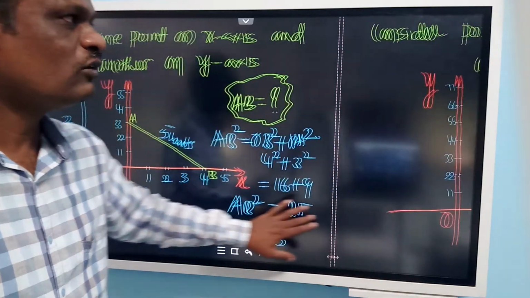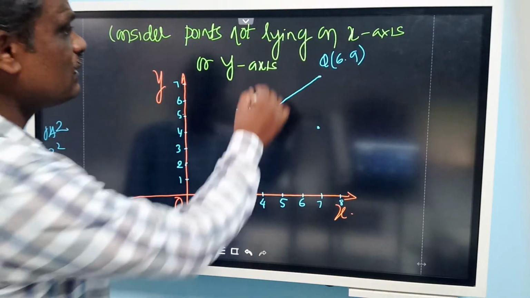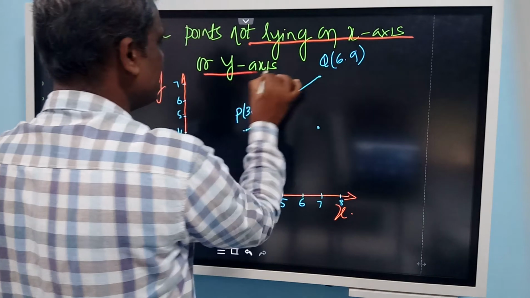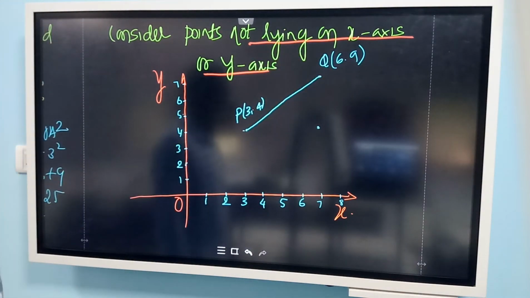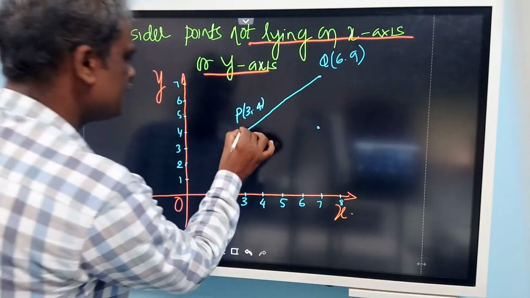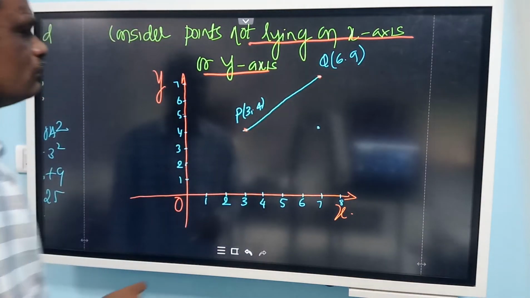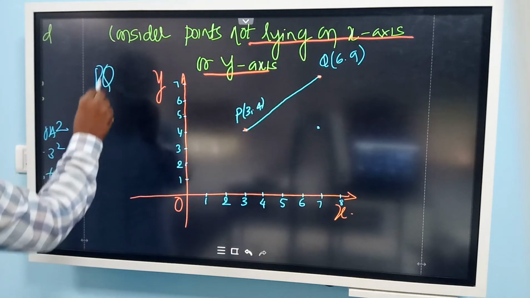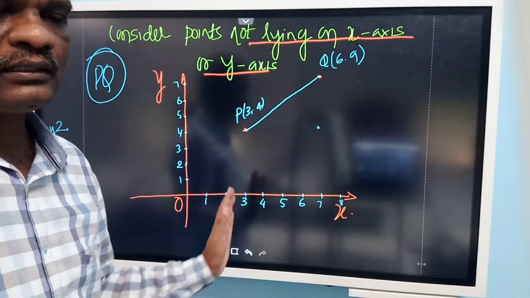Now let us take one more situation here, with the points not lying on either the x-axis or the y-axis. Here is a point P and Q. P is a point here. Q is a point here. I want this distance PQ. How to find this distance PQ now? This is a question now. They are not on the x-axis.